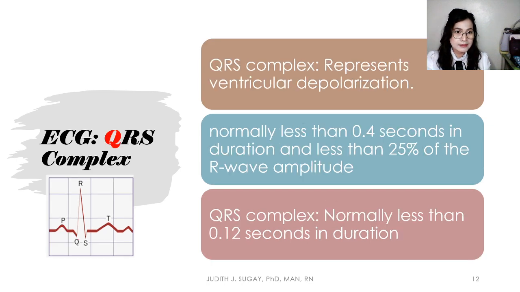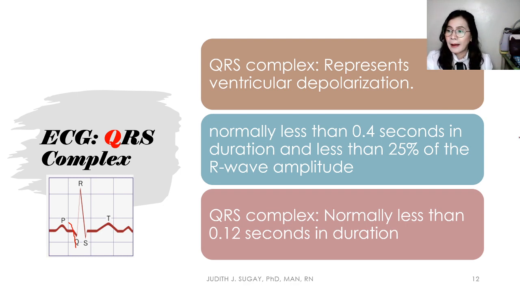So let's move on to the complexes. We now have here the QRS complex. The QRS complex basically represents ventricular depolarization, or the squeezing of the ventricles. Normally, it takes less than 0.4 seconds in duration and less than 25% of the R wave amplitude.